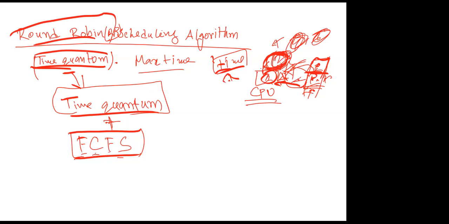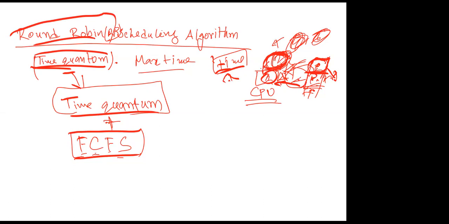It doesn't require knowing the total execution time or burst time, so it is very easy to implement. But it is also a very effective algorithm compared to other algorithms.